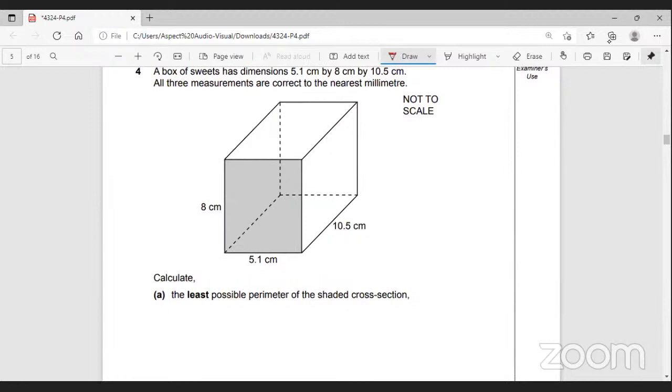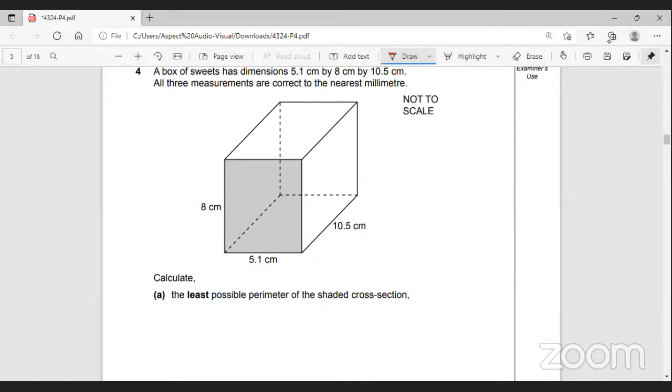It says a box of sweets has dimensions 5.1 centimeters by 8 by 10.5. All three measurements are correct to the nearest millimeter. Calculate the least possible perimeter of the shaded cross section.